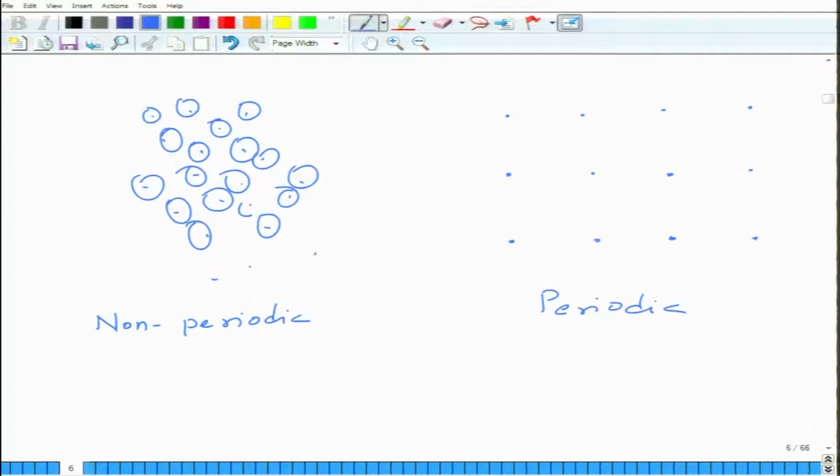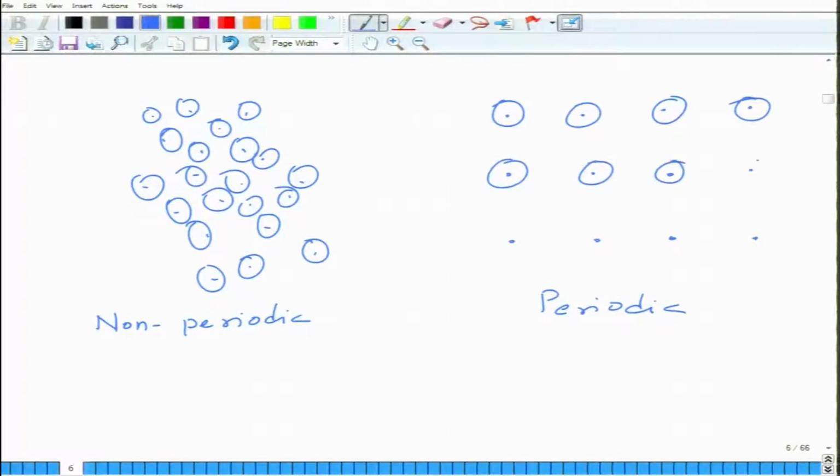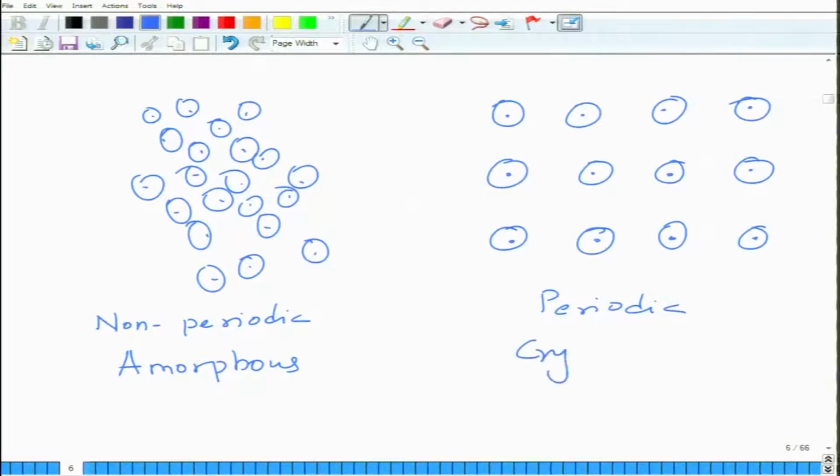So, in this crystal, considering atoms as spherical in nature, this has no long range periodicity. Such materials are also called amorphous, and the materials in which this kind of periodicity is there are called crystalline.